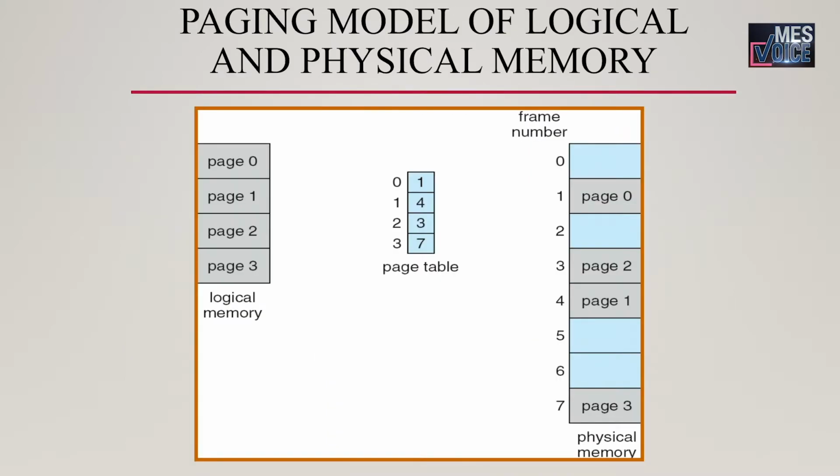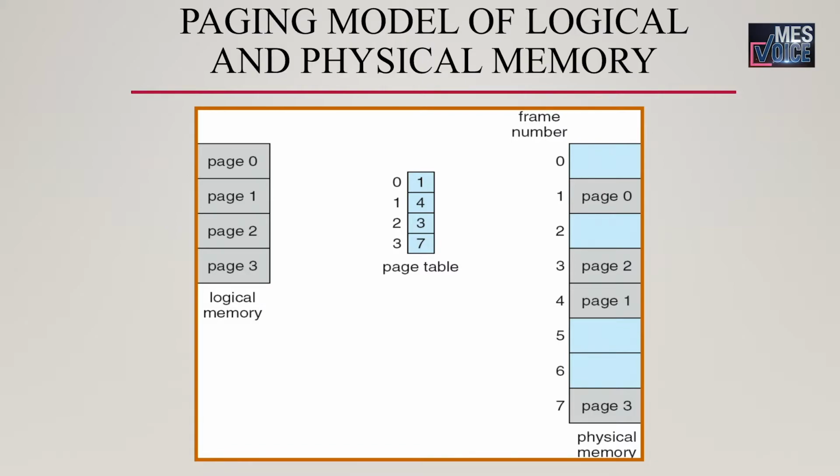The paging model of logical and physical memory is shown in the figure. Here we can see that the logical memory is divided into 4 different pages, starting from page 0 to page 3, and the page table contains 2 parts.